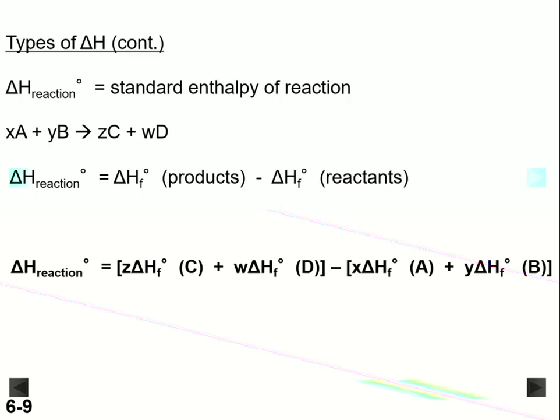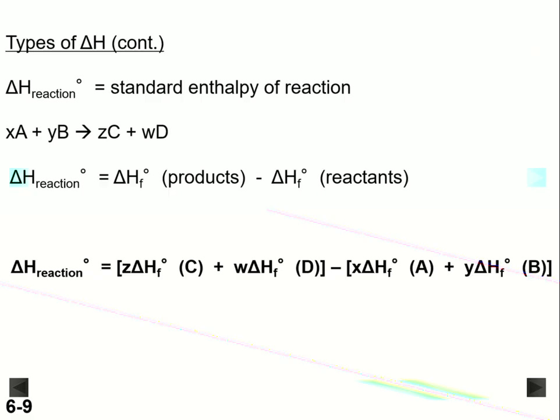Then we subtract off the enthalpy of formation of the reactants. That will be X times the standard enthalpy of formation of substance A plus Y times the standard enthalpy of formation of substance B. That term in the second bracket is the enthalpy of formation of the reactants.